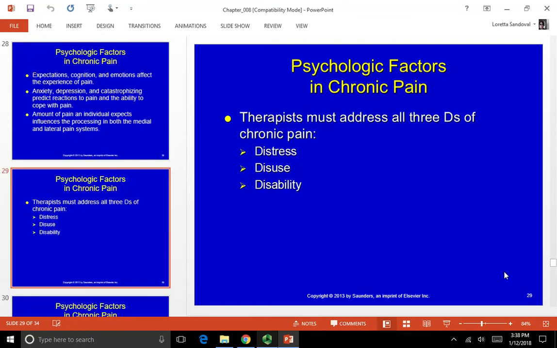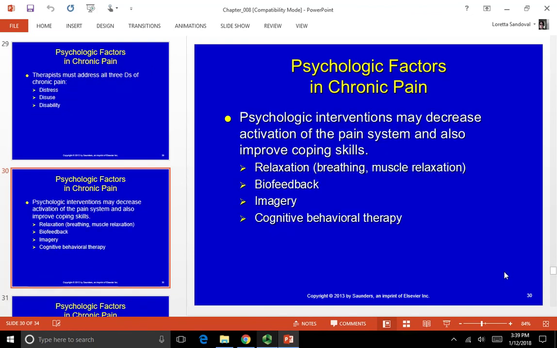So the therapist has to address all 3 Ds of chronic pain: distress, disuse, and disability. So we have to assure the patient and teach them about their pain, and that's going to help. We have to teach them exercise to combat the disuse, and we have to help them do things that they're unable to do at this point, and that's their disability.